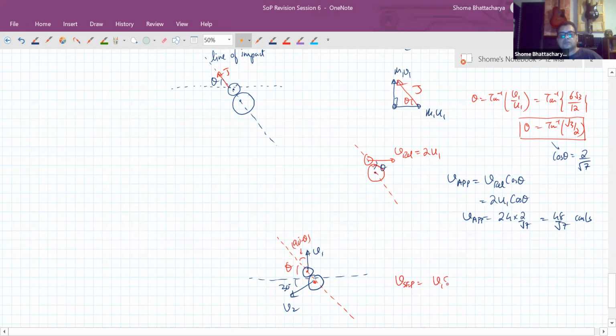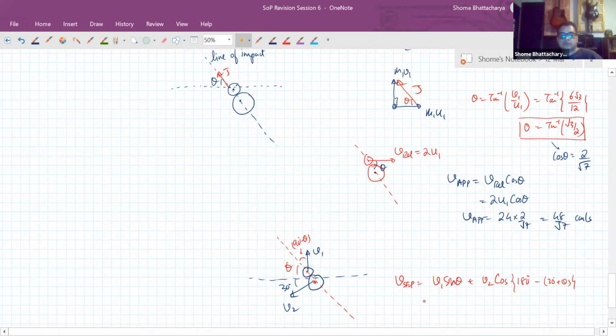v1 sine theta plus v2. Now v2's component in this direction will become cos of 180 minus of 30 plus theta.